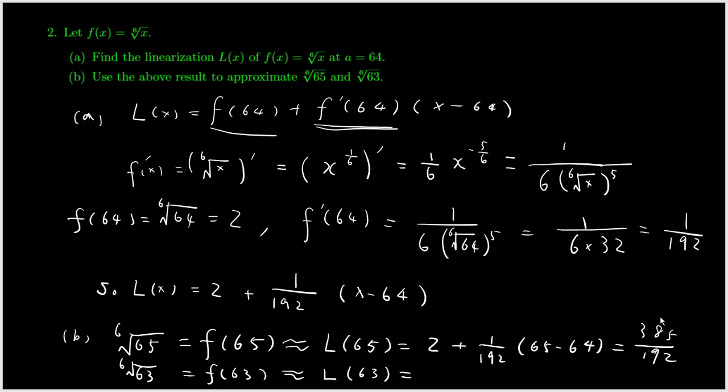So which is 2 plus 1 over 192, and then times 63 minus 64. I think I can guess the final answer. The final answer should be 192 on denominator. So do you have 383 on numerator? Okay, that's how we do question number 2.